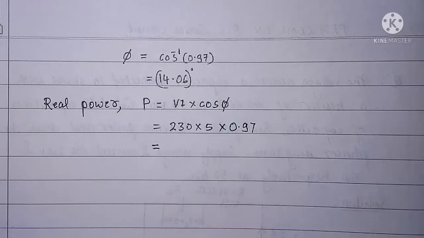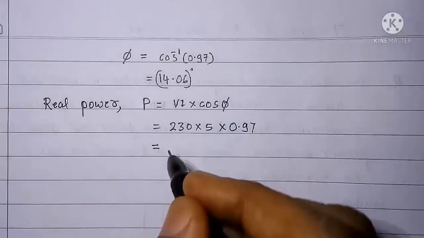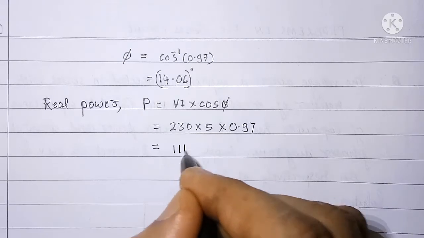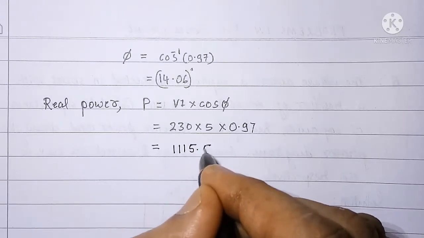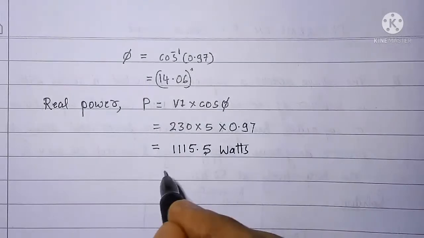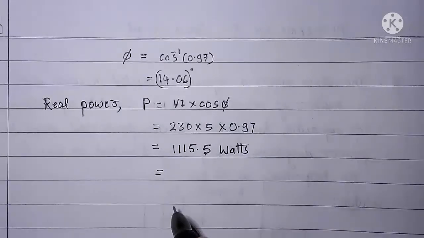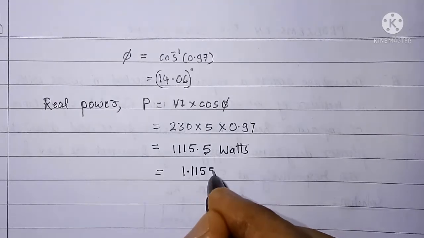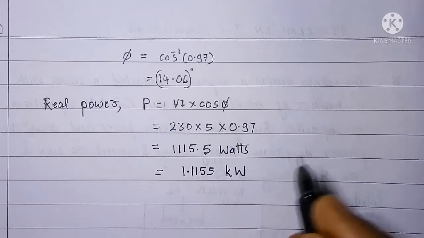On simplification, we get 1115.5 watts, or we can express this in kilowatts as 1.1155 kilowatt.